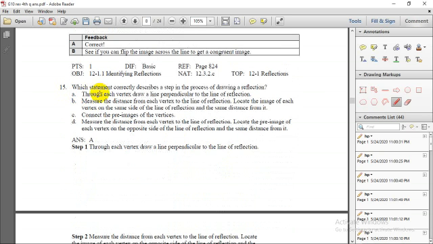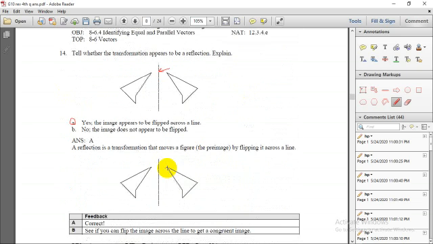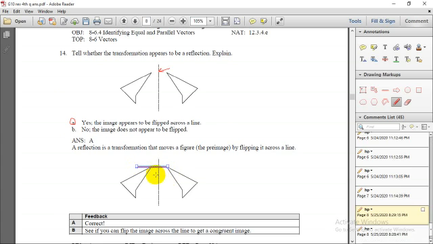15. Which statement correctly describes a step in the process of drawing a reflection? If you remember, when we draw the reflection, what are we going to do? Each point, I'm going to make what? Parallel? Perpendicular, sorry.